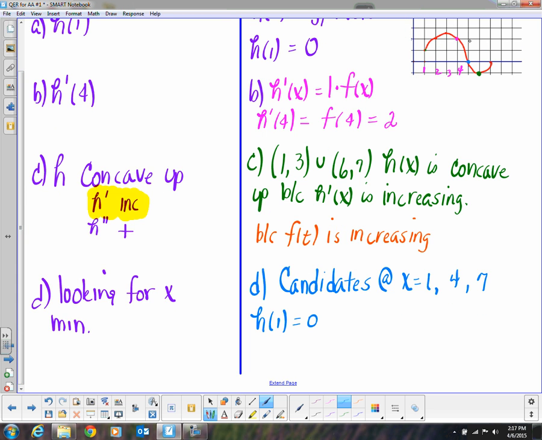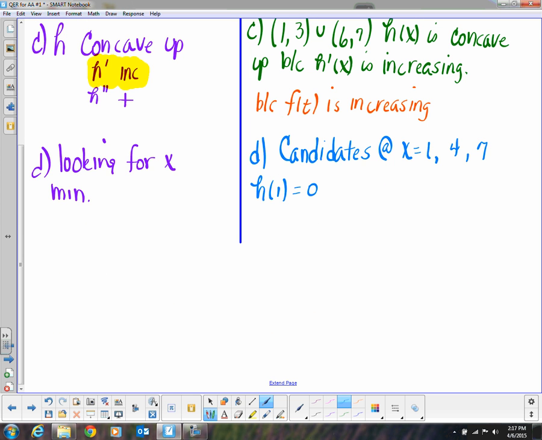Now, because this is a curve, if these were straight lines, we literally could find h of 4 and h of 7. But this is going to be a little bit more convoluted because we have to think through this. So what is happening? The area under the curve, this is a derivative graph.